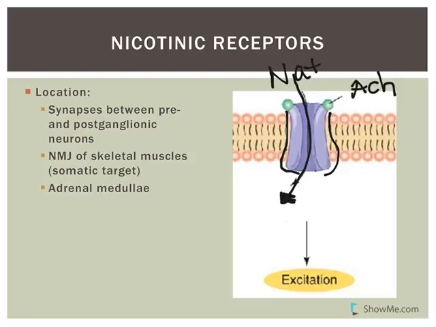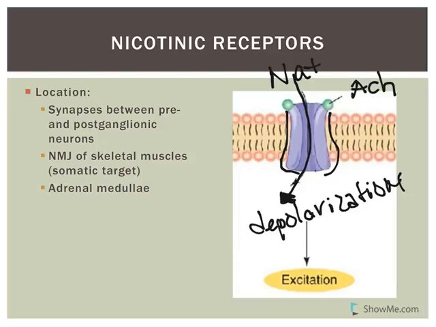What we're going to get is depolarization. If you depolarize to threshold, you will have an action potential, and it would be excitatory. So the nicotinic receptors are always excitatory.